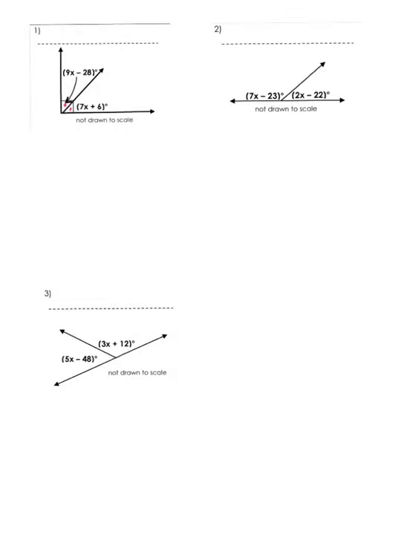Here, they're right next to each other, form a right angle, so therefore these are called complementary angles, and they add up to 90 degrees. So my equation will be 9x minus 28 plus 7x plus 6 is equal to 90 degrees.